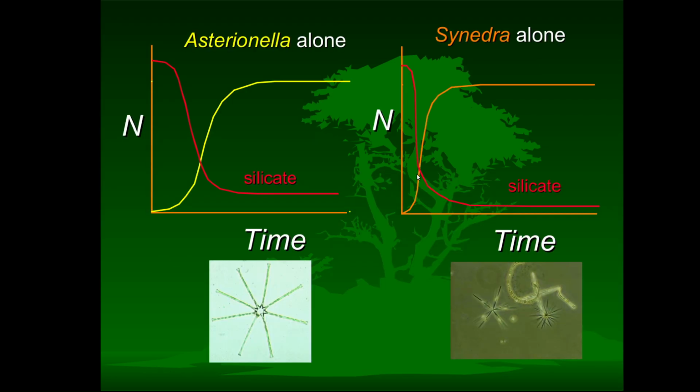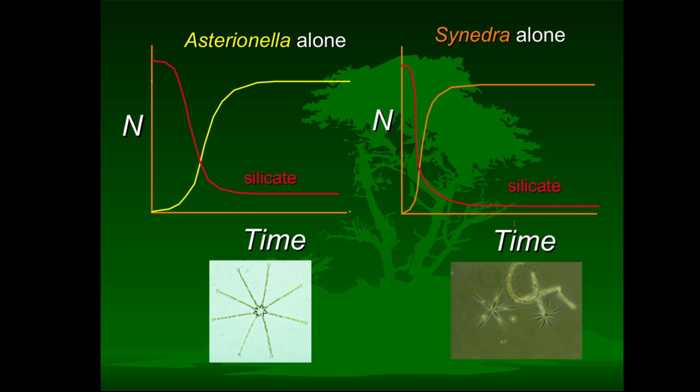So over time, each increases following a logistic growth curve, and each one brings the silicate down to a level in their environment, down to the minimum value at which the rate of consumption equals the rate of supply. So here the rate of supply of silicate is equal to the rate of consumption in both of these.